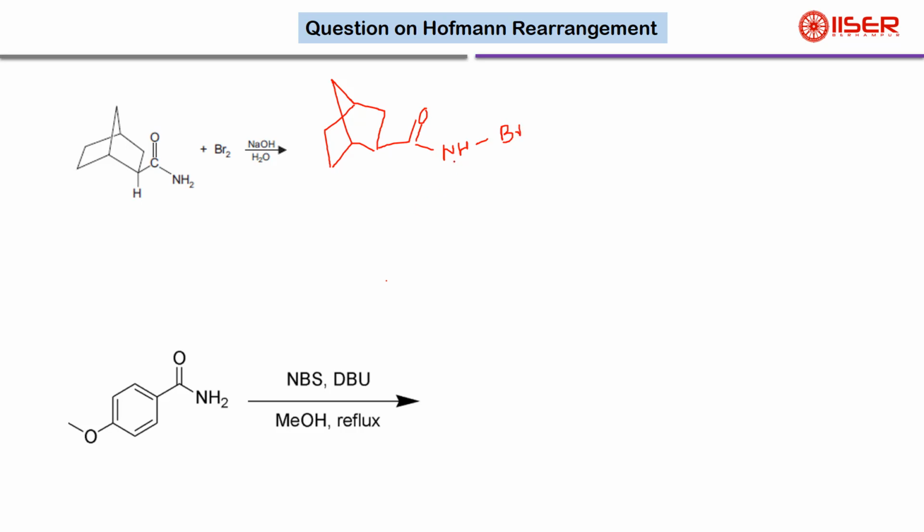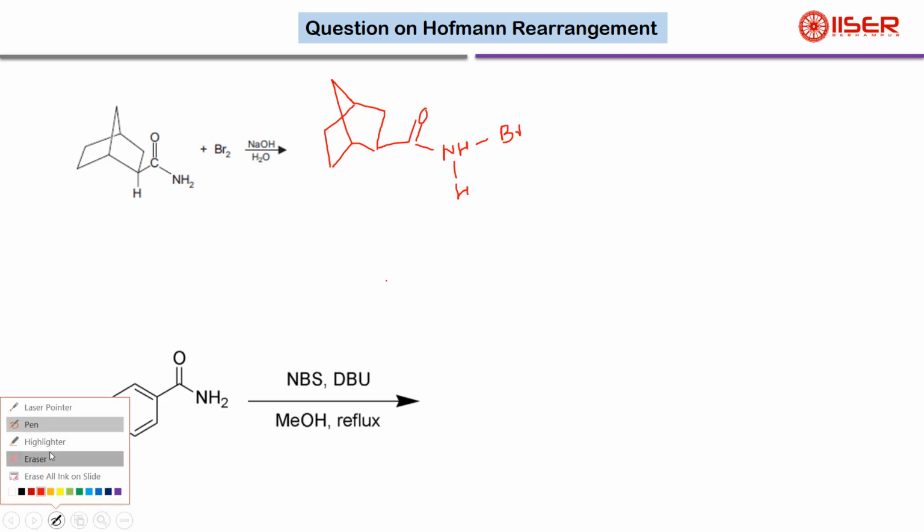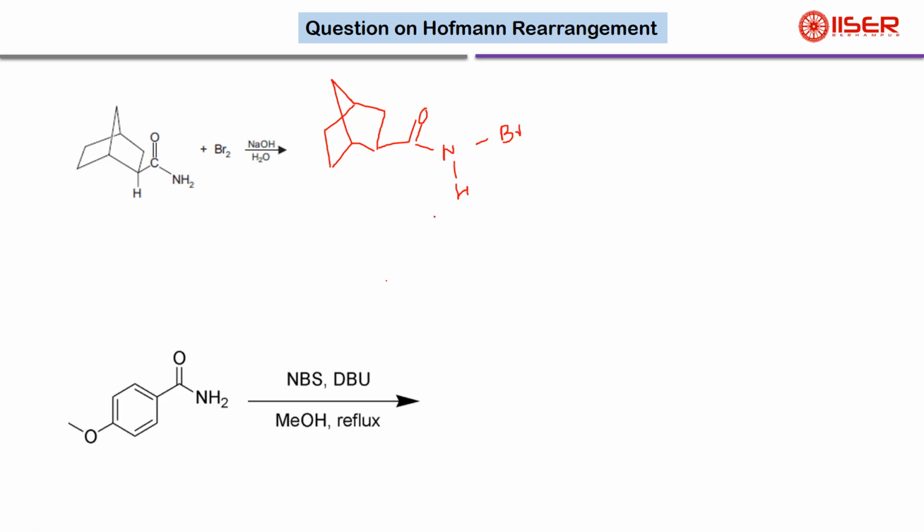When this proton gets deprotonated via base, the negative charge moves here, and this whole R center comes back to here, and this bromine leaves from the system.